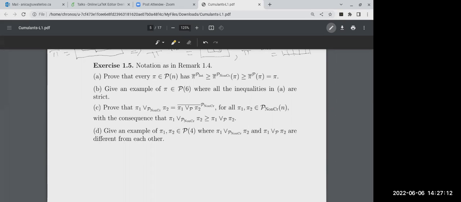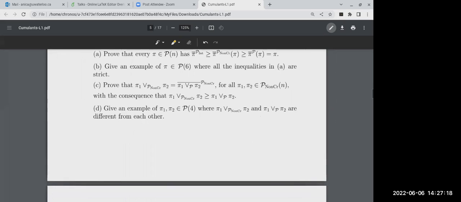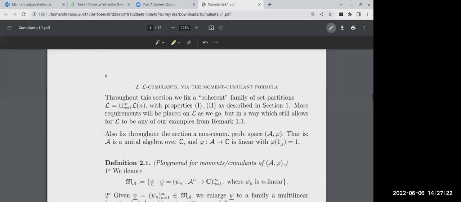That's quite annoying in various arguments, but it's a fact of life, so we cannot ignore it. Good. So that was my background.